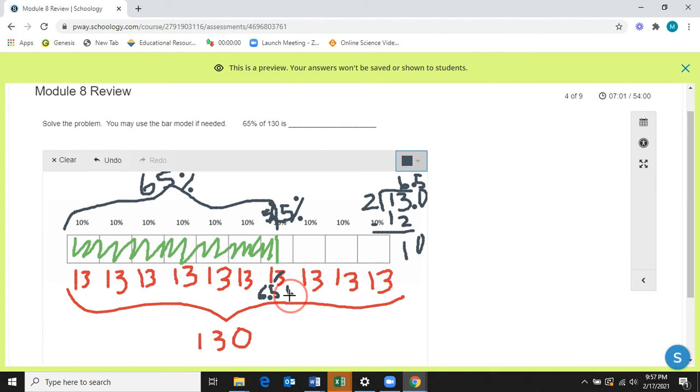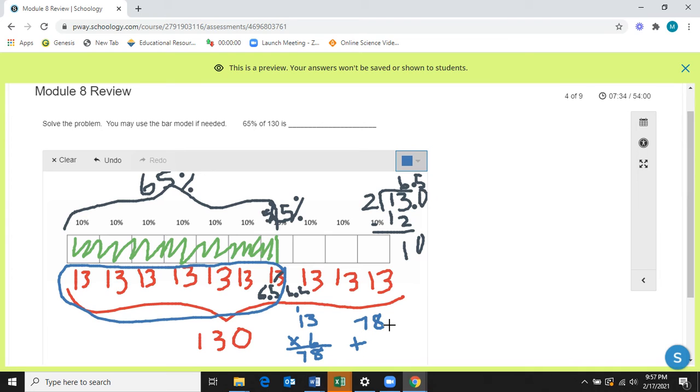That 13 gets split. So now let's figure out the value of this. That's 13 times 6, and then we're going to add 6.5. 13 times 6: 6 times 3 is 18. 6 times 1 is 6, plus 1 is 7. So we have to add 78 plus 6.5. Remember, when you're adding decimals, you have to line up the decimal place. 78 is really 78.0.